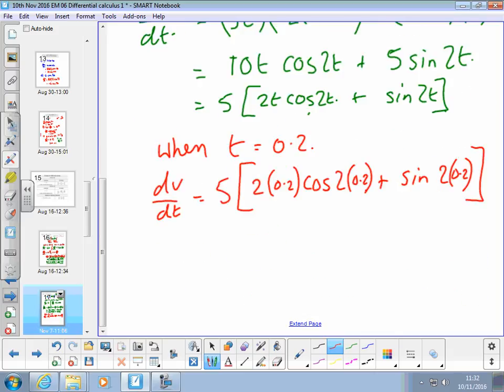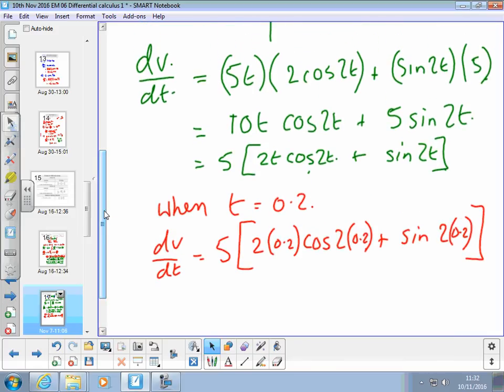Plug in. Five times 2t gets me back to 10t.